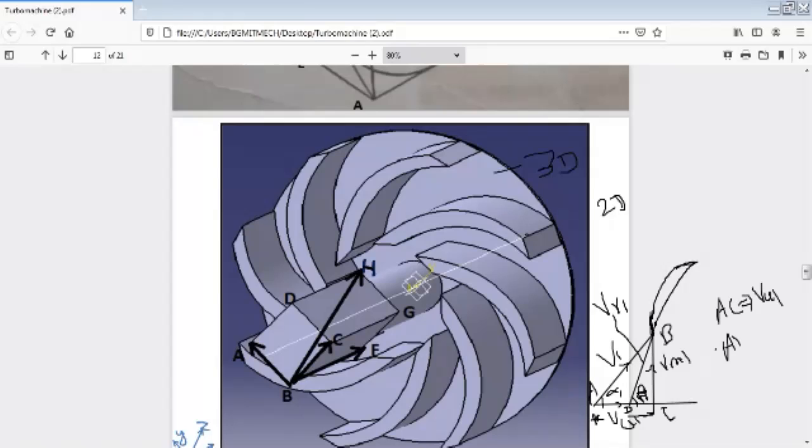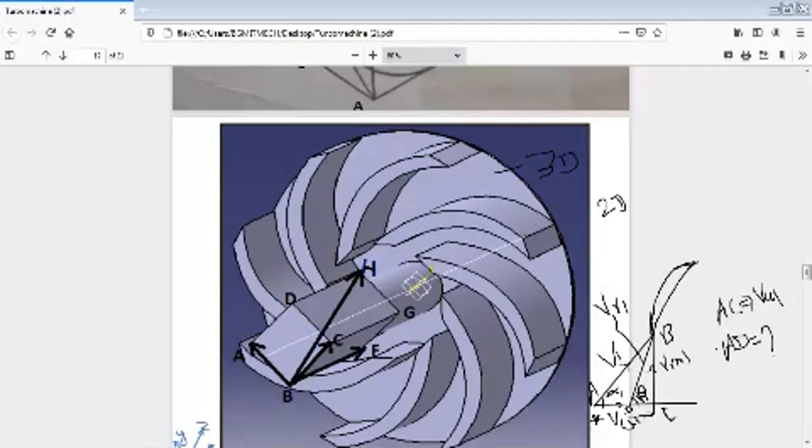AD is my question. That is something we should know. So AD is the tangential velocity. We will call it U1, that is at the inlet side. U1 is the difference between V1 and VR1. So it will be in between V1 and VR1.